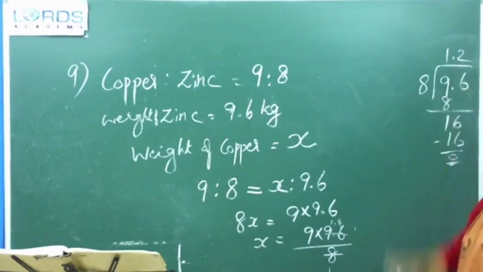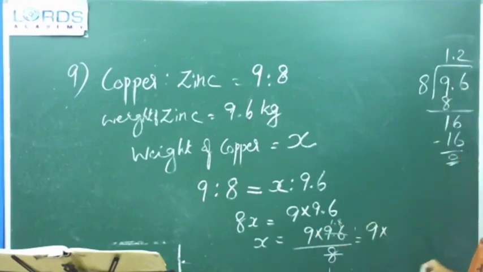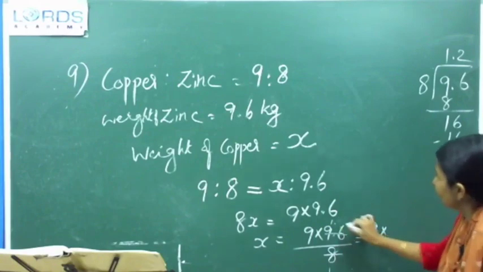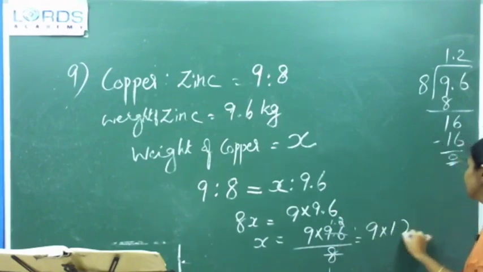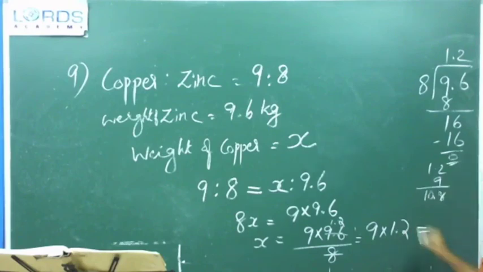We got 1.2. So, we got here 9 into 1.2. 1.2 into 9 is 10.8.